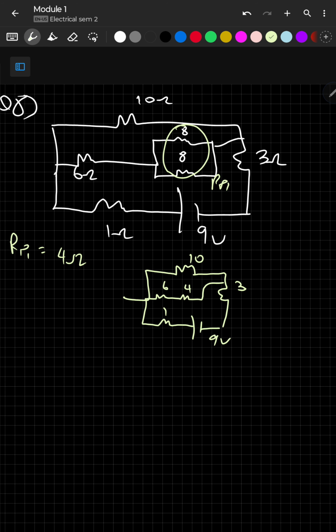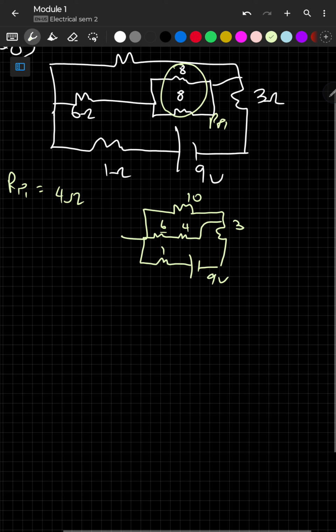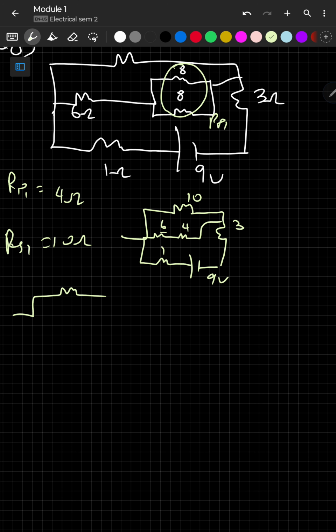Now I can solve these two. So 10. So RS1 I will write. Redraw again.